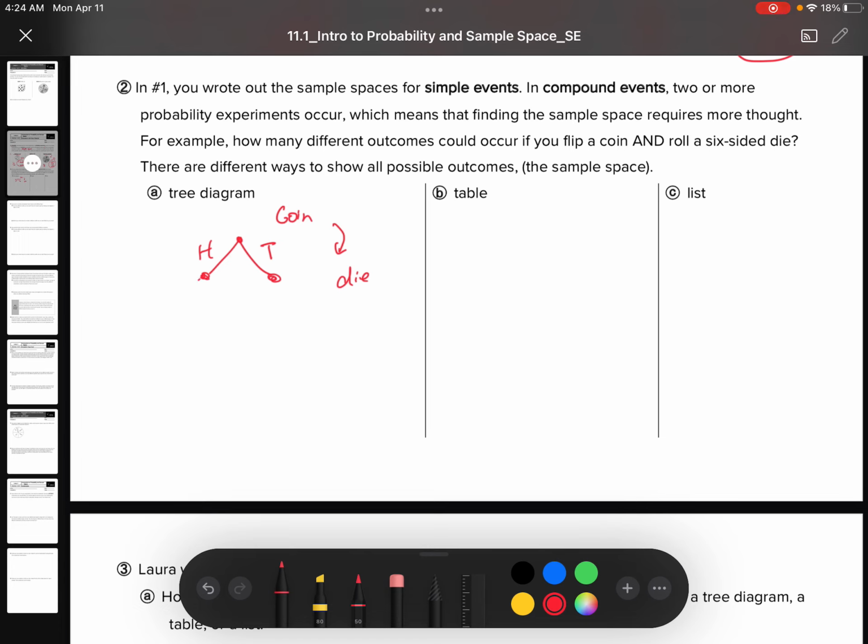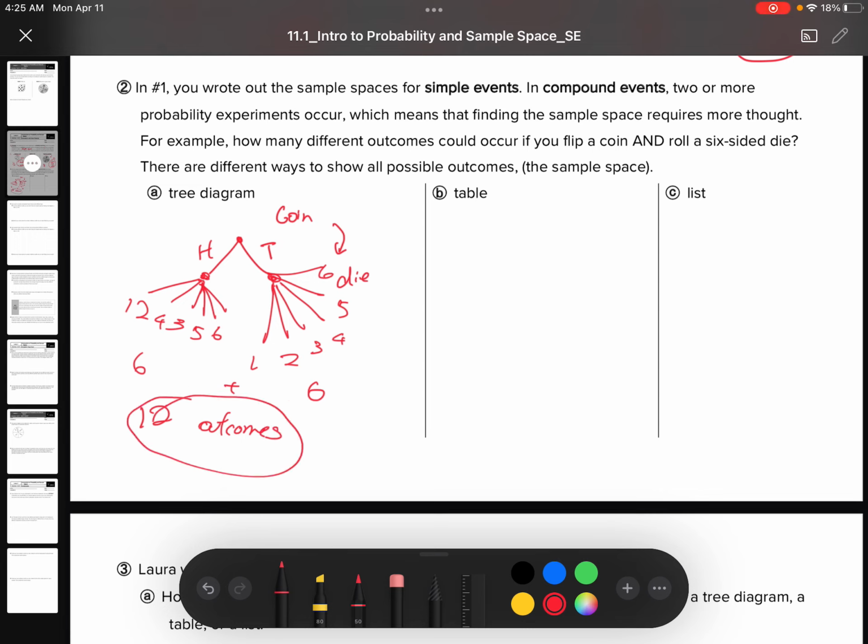So you do 1, 2, 3, 4, 5, 6, and again 1, 2, 3, 4, 5, 6. Whoa, I messed up somewhere there. 1, 2, 3, 4, 5, 6. So for all the possibilities, there are 12. You count 6 here and another 6 here. So the sample space has 12 outcomes.